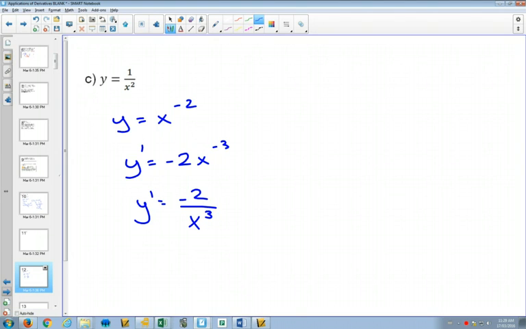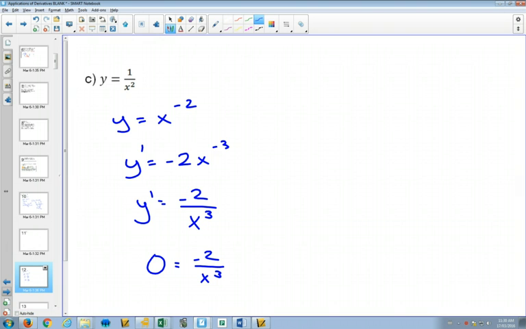Is this ever equal to 0? No. It's never equal to 0.